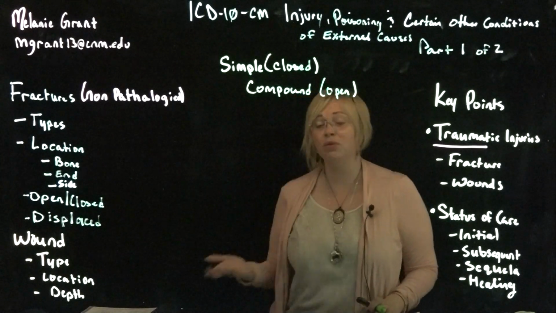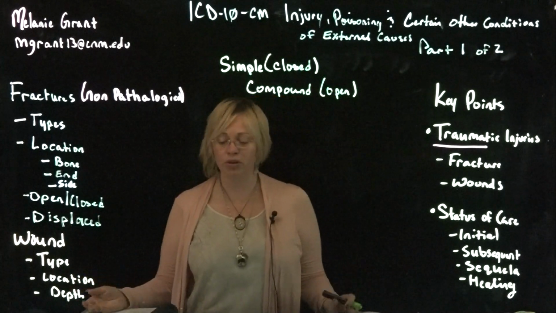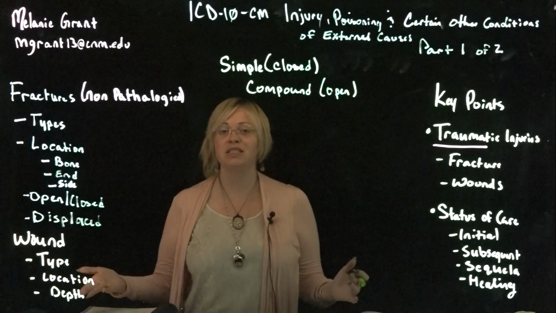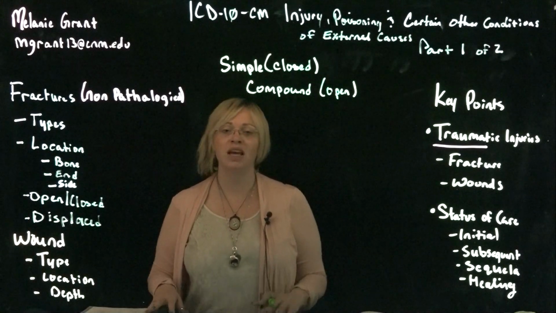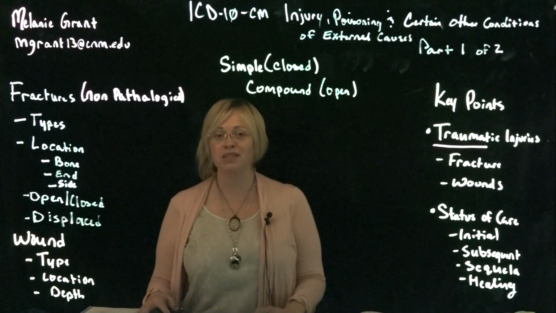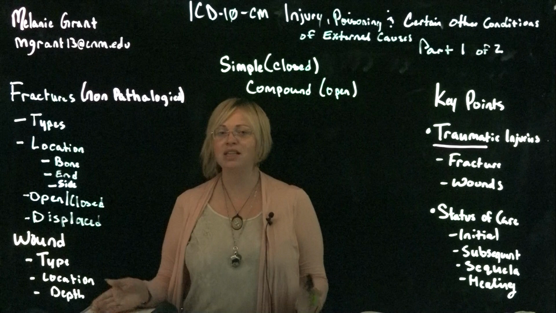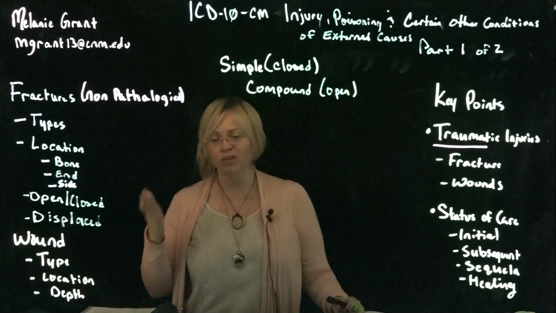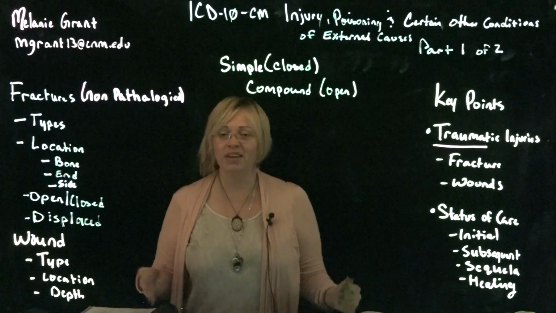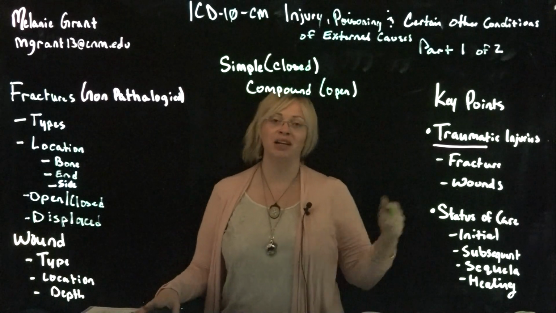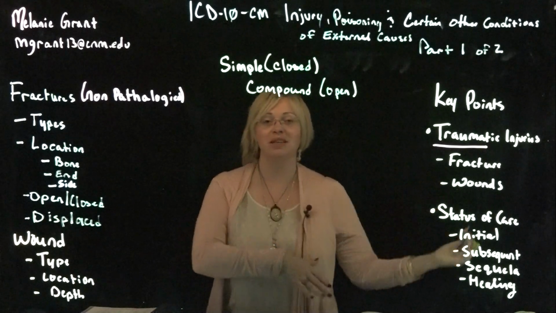It is important that the provider state whether or not a fracture is open or closed, and there may be policies in offices that you work at that will say how to handle that if the provider does not state it. But keep in mind, the automatic default is less is more. If they didn't document it, it didn't happen as something more.